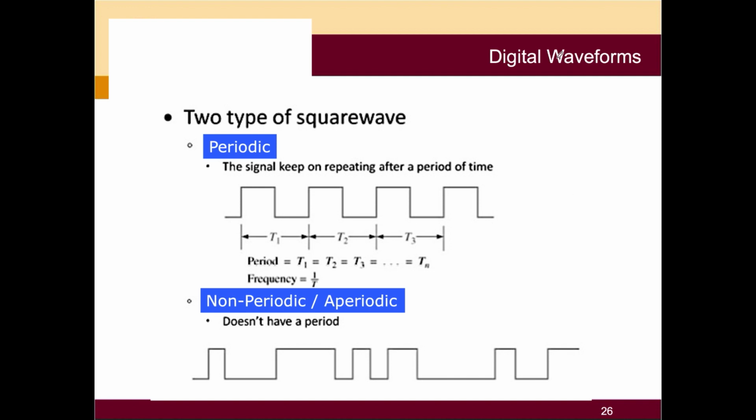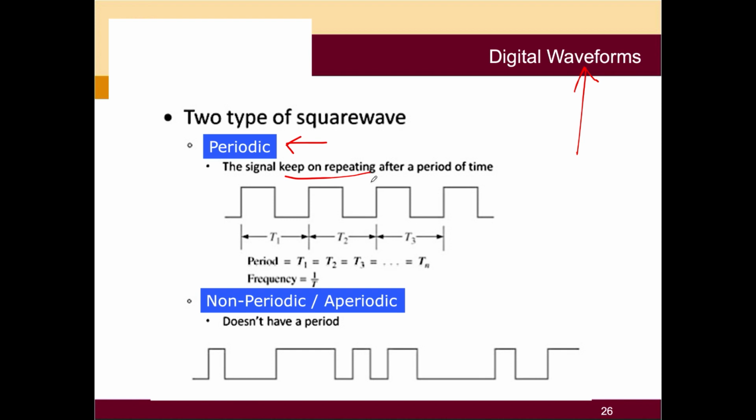Now on the waveform you also have two types that you need to remember and understand: periodic and non-periodic. What does periodic mean? The signal keeps repeating after a period of time. So you have a sequence of similar signals.